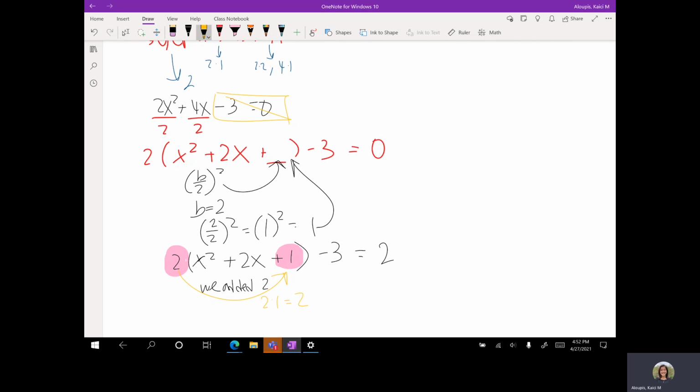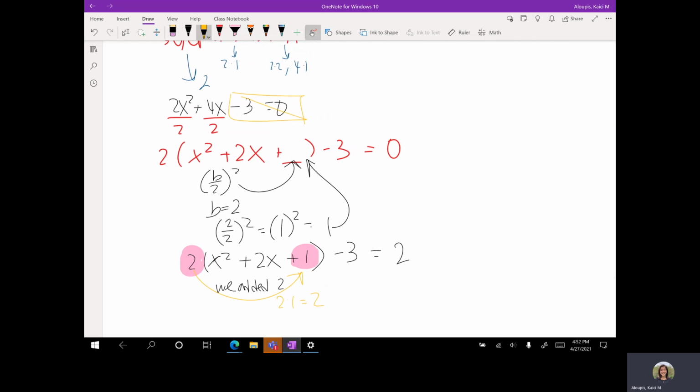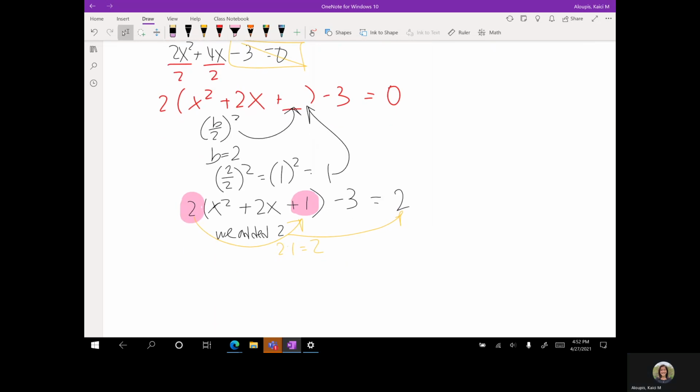Okay. So we're almost done. We're really, really close. The last little bit now would be to clean things up. So this inside the parentheses is a perfect square.